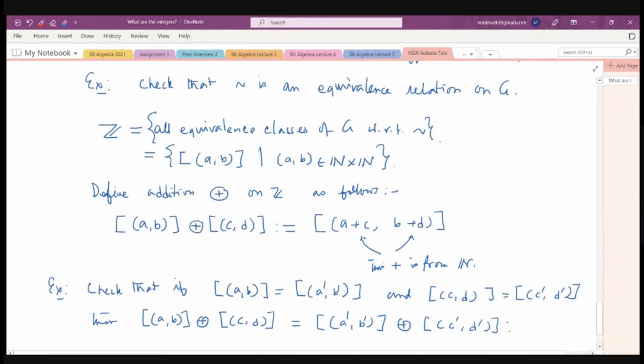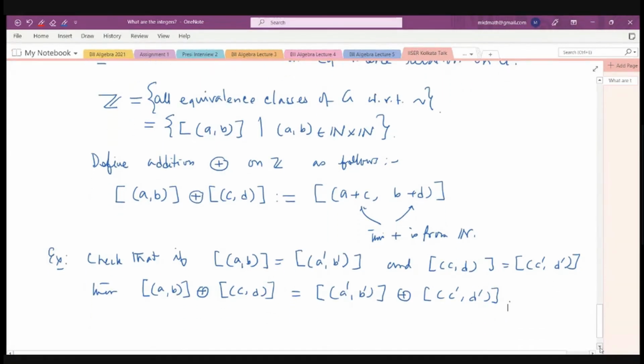Which means that the definition does not depend on the representatives. So this implies that the addition is well defined. So check this, it's very easy and routine checking.